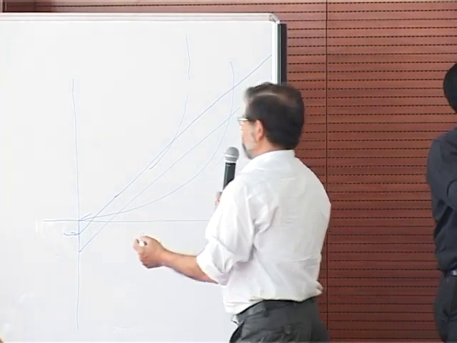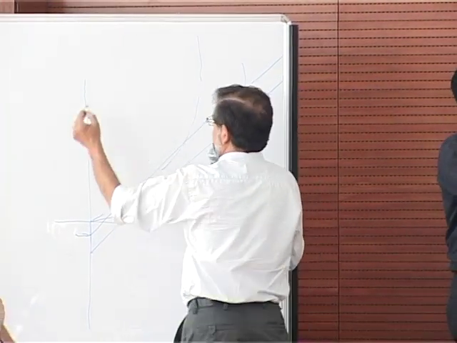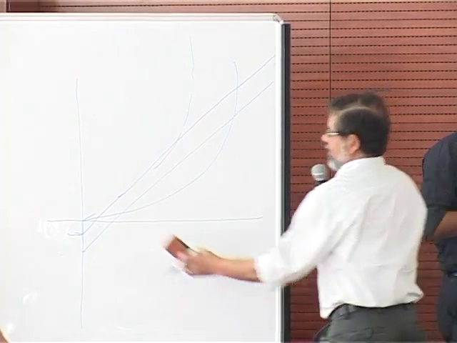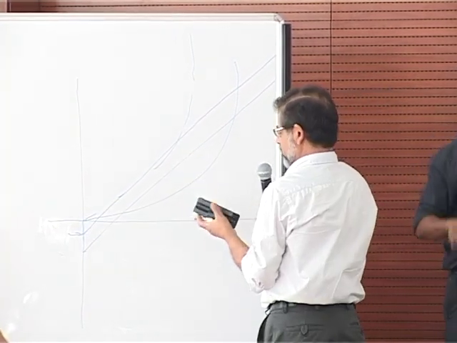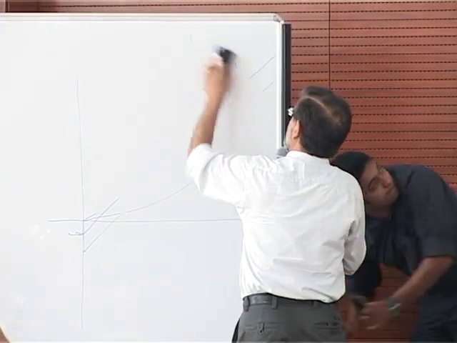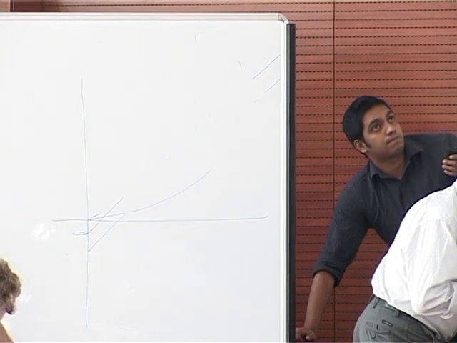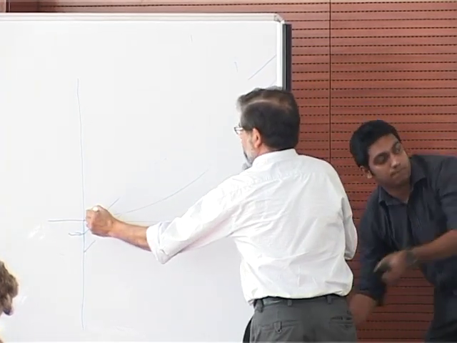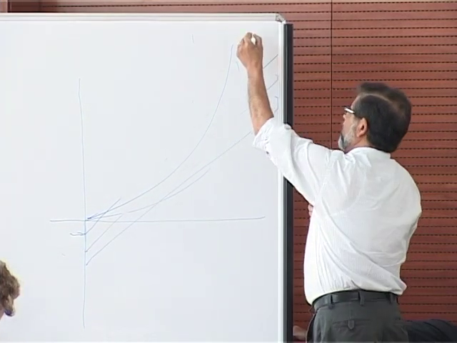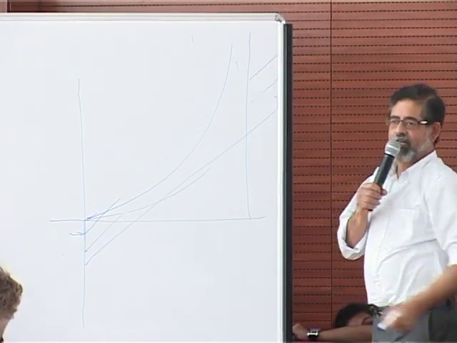Now you can have a situation where this curve lies entirely above the line, in which case everybody becomes completely corrupt.